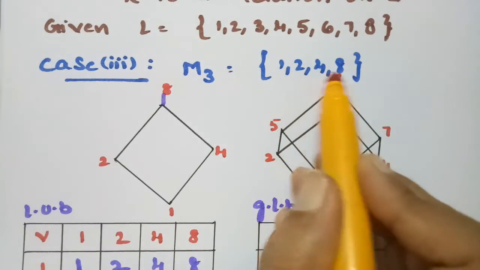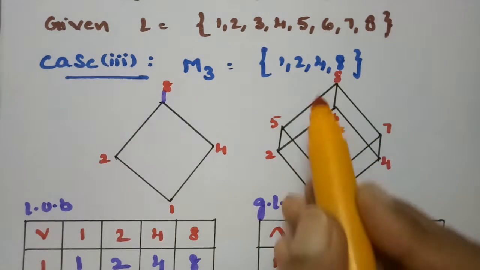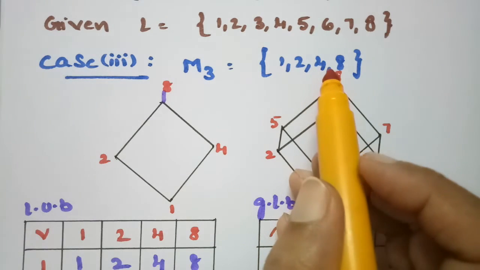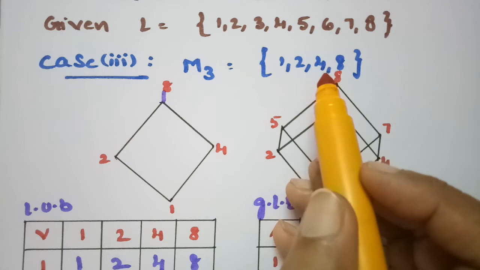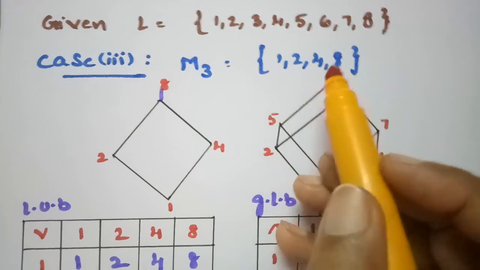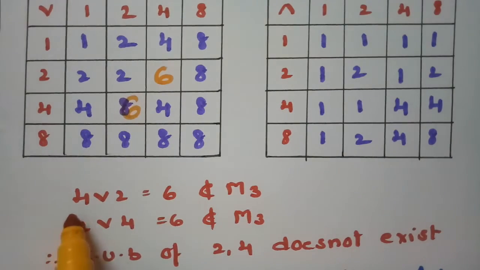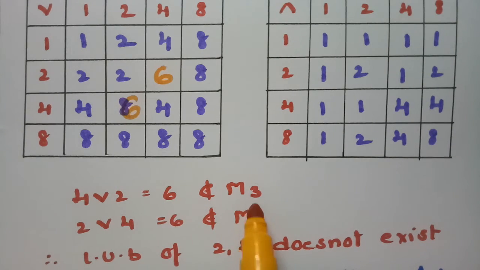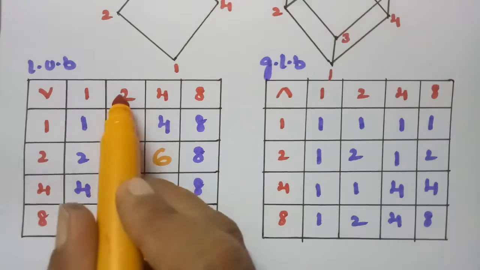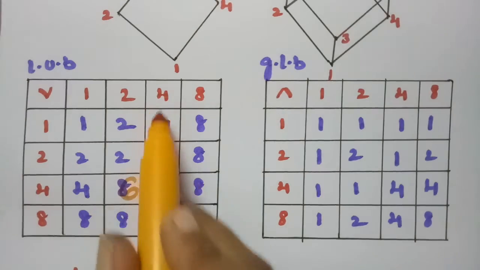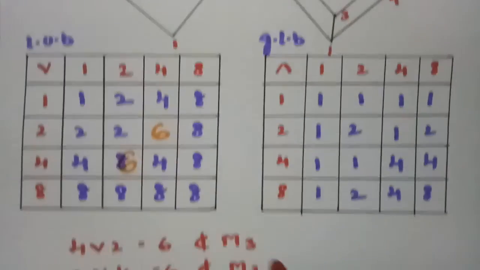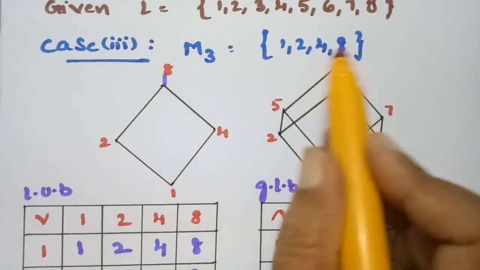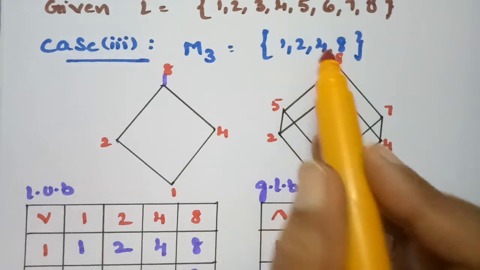So here 1, 2, 4, 8 is present and 6 doesn't belong to the set M3. Therefore, M3 is not closed under the operations join and meet. 4 join 2 is equal to 6, which doesn't belong to M3, and 2 join 4 is 6. So there is no 6 in the set M3.